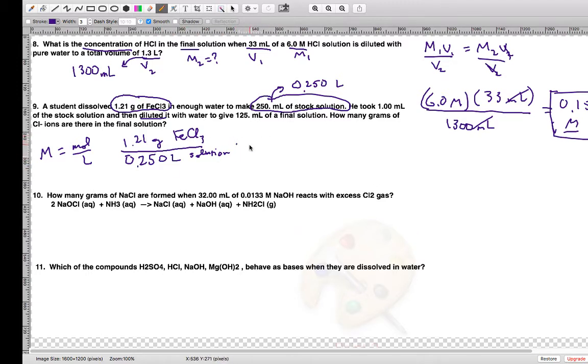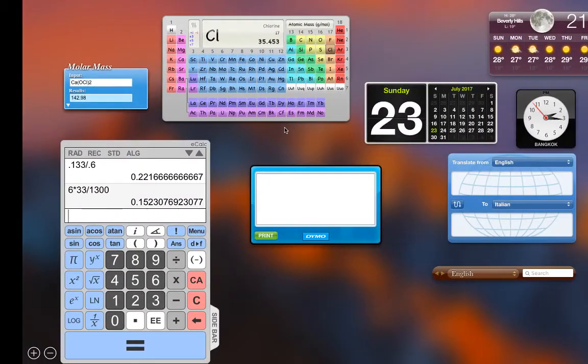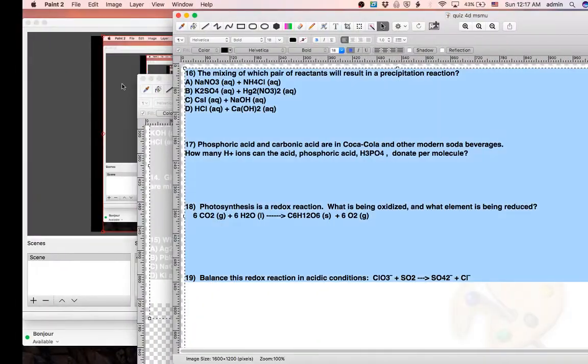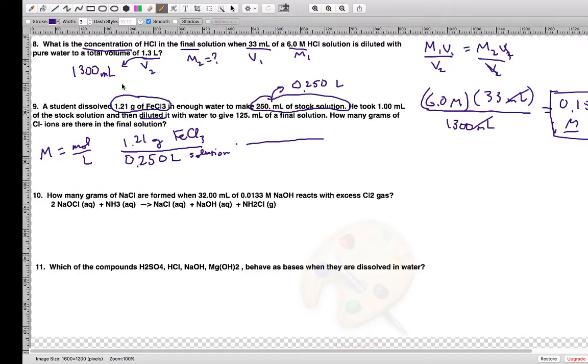Now I'm going to get rid of the grams. I want moles per liter, moles over liters. So FeCl3, 162.2. You will do this on the periodic table, which will be provided for you on the quiz.